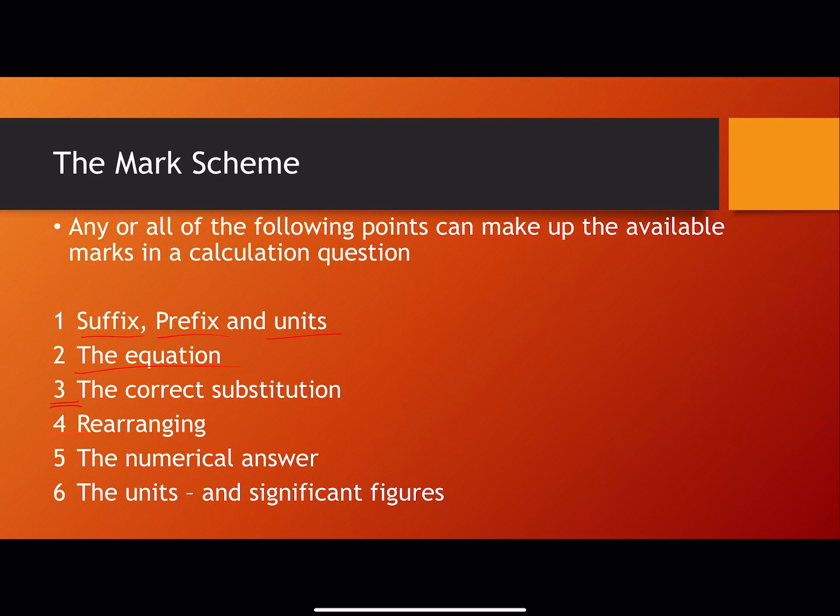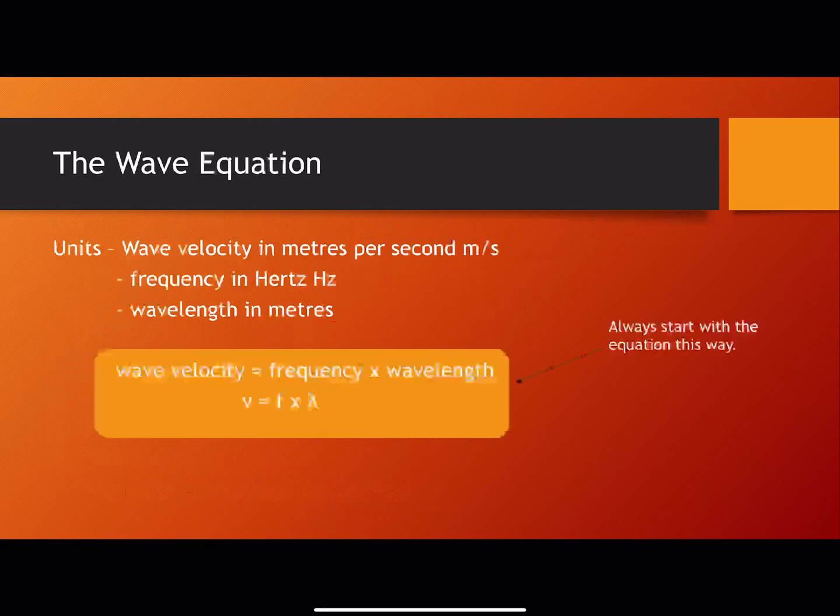There's possibly a mark for rearranging the equation, and then there'd also be one for the numerical answer. And finally at the end, the units and significant figures. The basic rule on significant figures is to use the same number of significant figures as there is in the question, and you won't go far wrong.